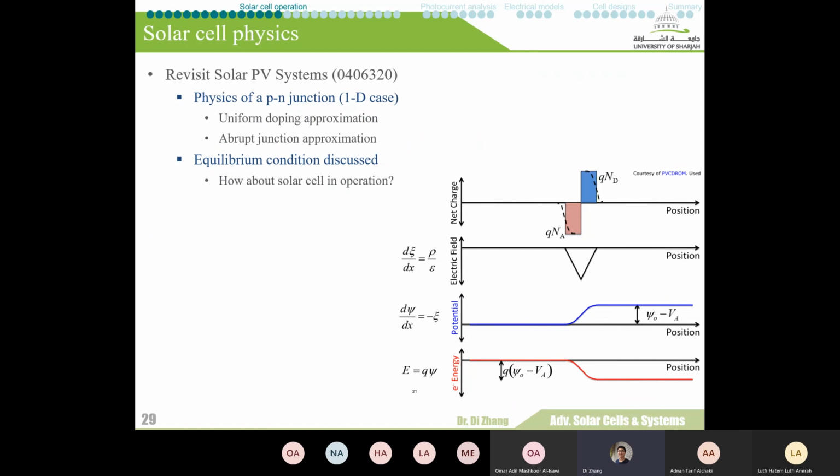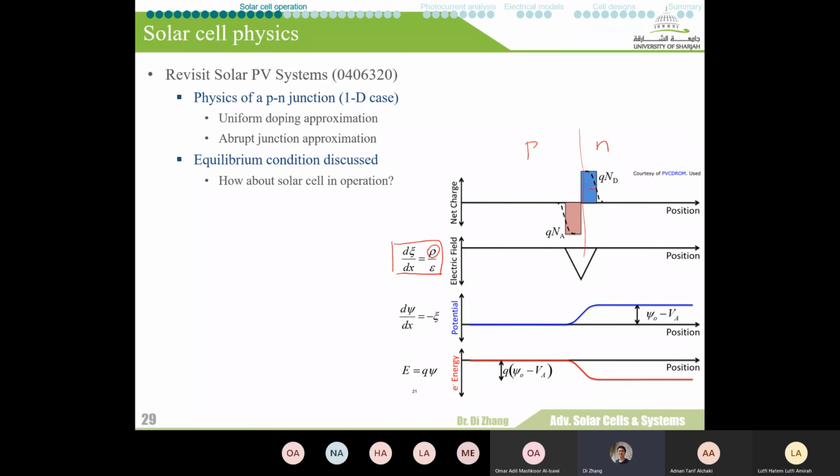So let's start from here. From the equation we have here, we know that our starting point is the space charge density, rho. For the one-dimensional PN junction, the rho distribution is actually very simple. This is the n-type side, this is the p-type side, this is the interface.